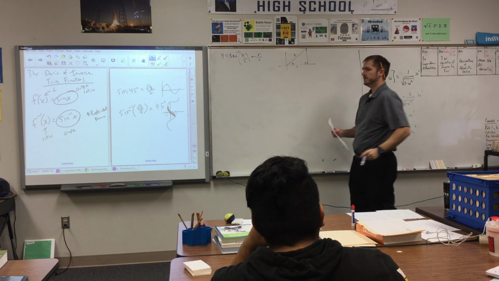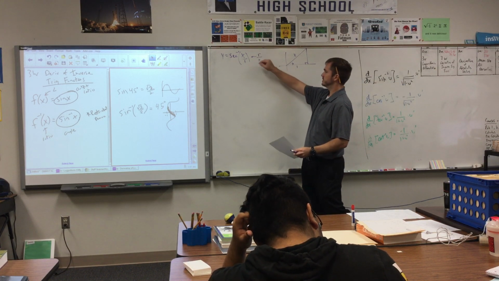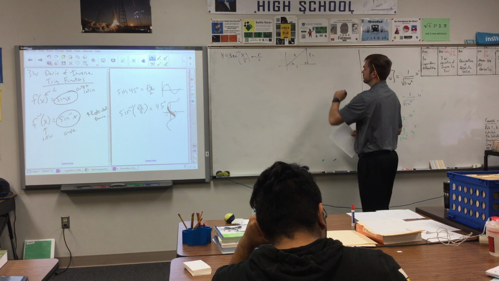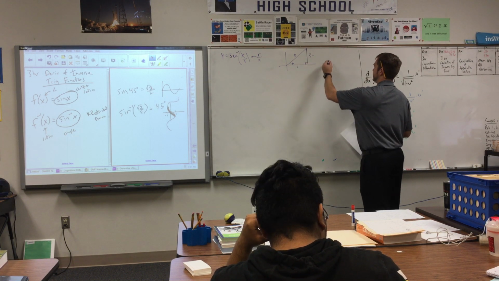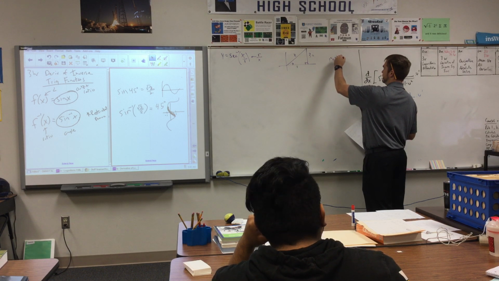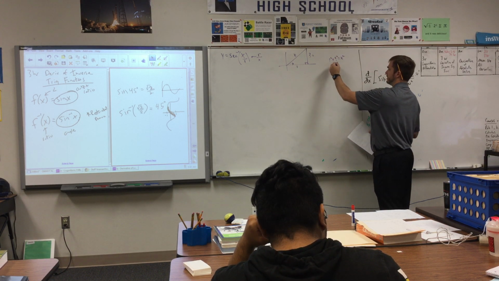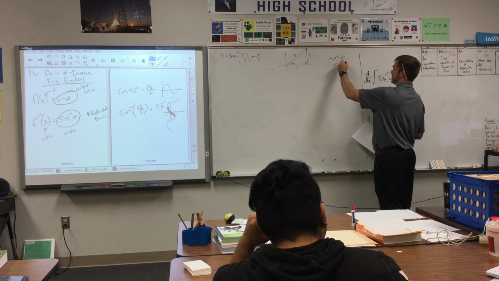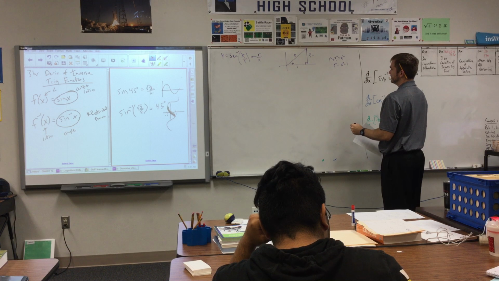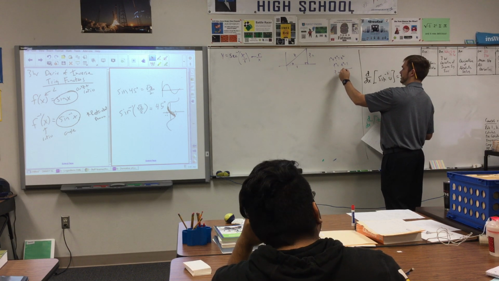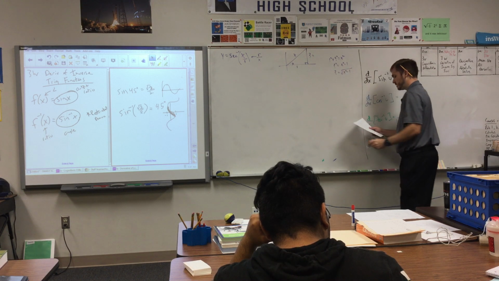Sorry about that, it's not r over y, it's r over x. So, question mark, we don't know. So it's 1 squared plus question mark squared equals x squared. So the question mark is going to be the square root of x squared minus 1.